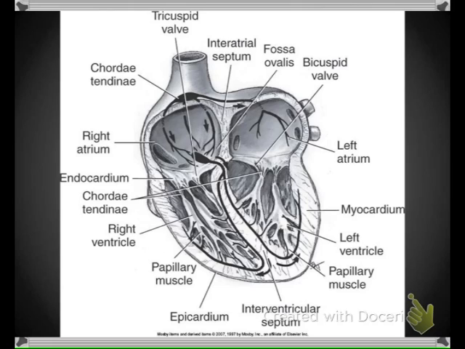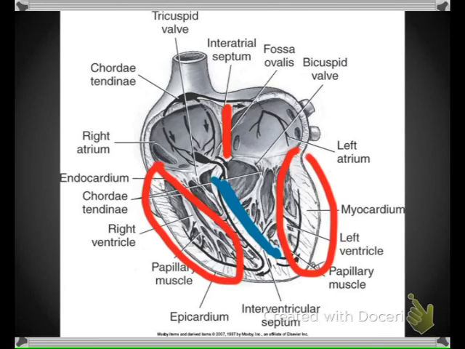So here's a drawing of the heart that you can really grasp where things lie. We do see that we have the interatrial septum and the interventricular septum here. And notice how it's kind of like a wall here. Also take note of how the myocardium here and here is different.